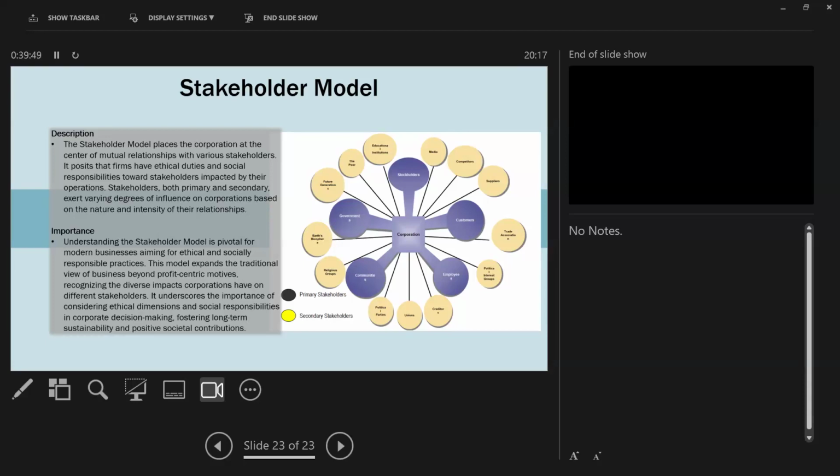So basically, when people are starting a business, they're driven by generating more money, generating profit. But now when you are implementing this model, you are moving away from that. You are no longer profit-centric, right? You are recognizing now the diverse impacts cooperation has on different stakeholders.